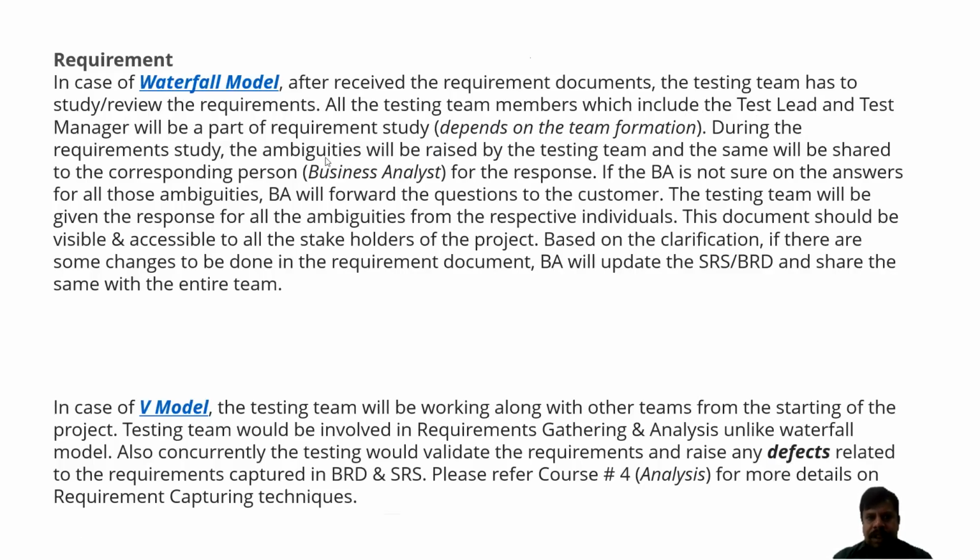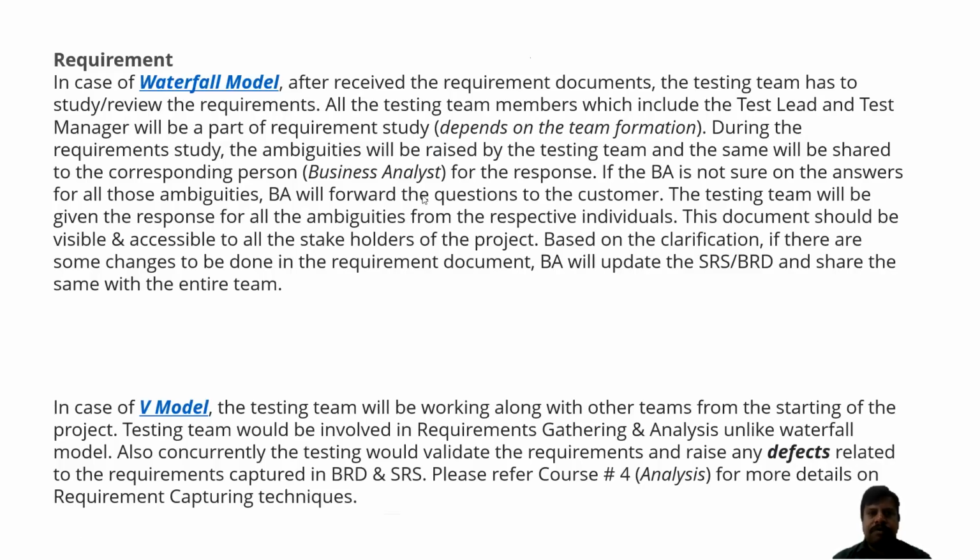formation. During the requirement study, the ambiguities will be raised by the testing team and shared with the business analyst or corresponding person for a response. If the business analyst is not sure of the answers to those ambiguities, the business analyst will forward the questions to the customer. Then the customer will give the actual requirements.